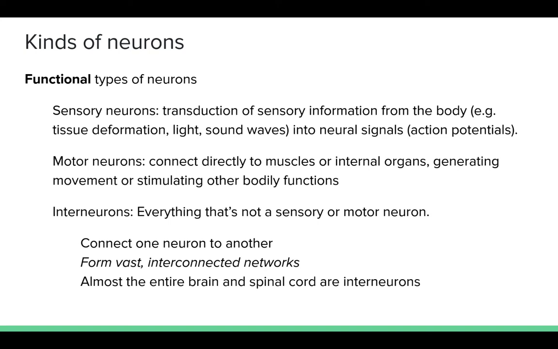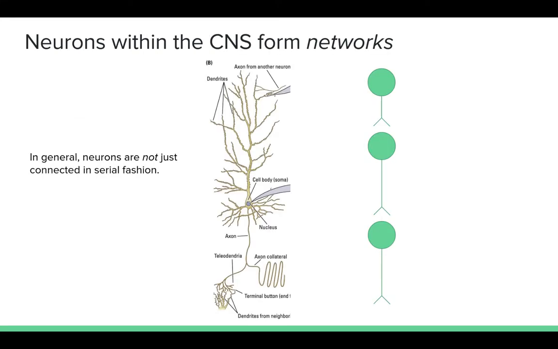And as you could imagine, especially as we get up out of the spinal cord into the brain, these form vast, interconnected networks of neurons. There's an illustration here in the book, and you can see there's a neuron that is synapsing on another neuron down here and is receiving inputs from another neuron up there.